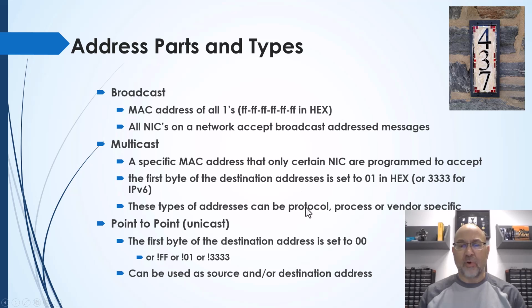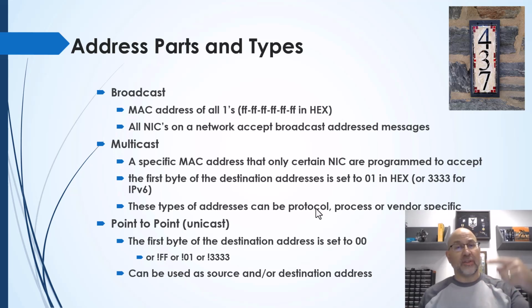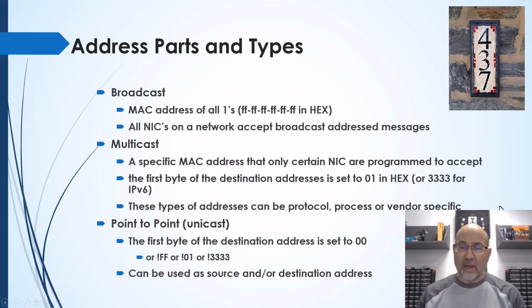For IPv4, now we are talking about layer 2, and IPv4 and IPv6 are at layer 3, but this is our first hint that there's a tie between what goes on in layer 2 and layer 3. If this is IPv4, then the destination MAC address in multicast will begin with 01. If it's IPv6, then the beginning of the MAC address at the destination will begin with 3333 right there.